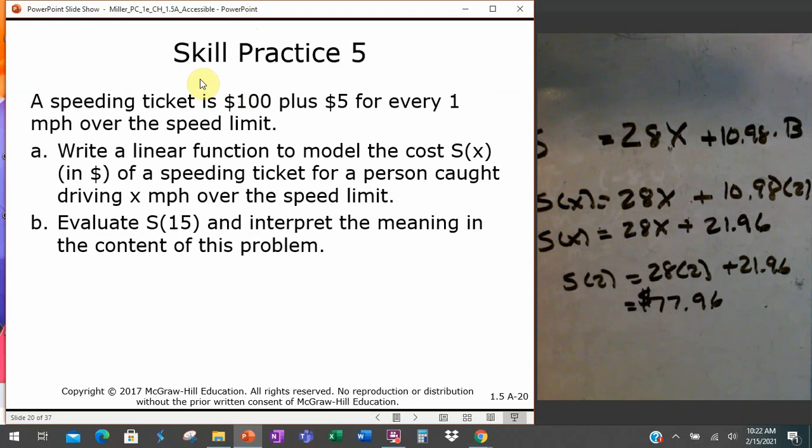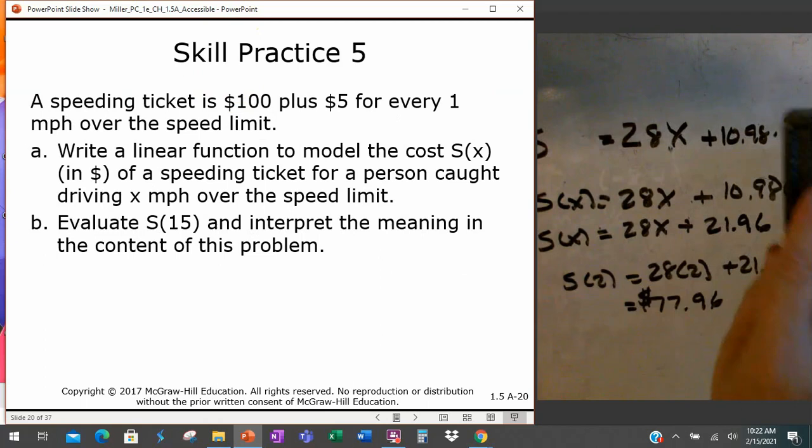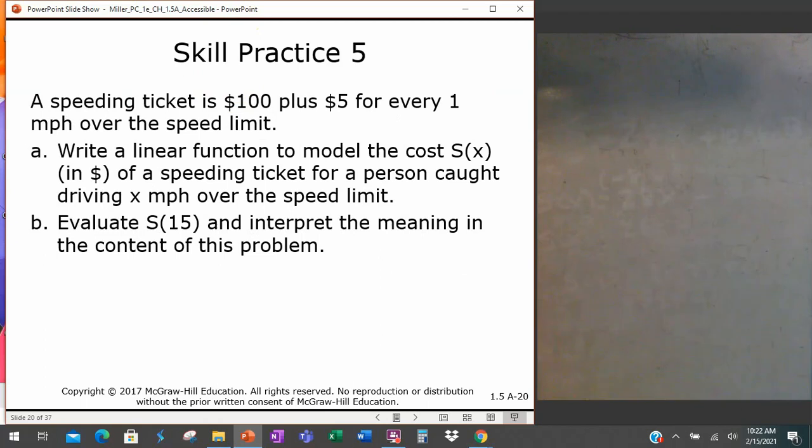So a speeding ticket is $100 plus $5 for every 1 mile per hour over the speed limit. Okay? And you're going to write a function where all you have to do is tell me how many miles per hour over the speed limit they were, and this is what you write: here's what it's going to cost you for that speeding ticket.